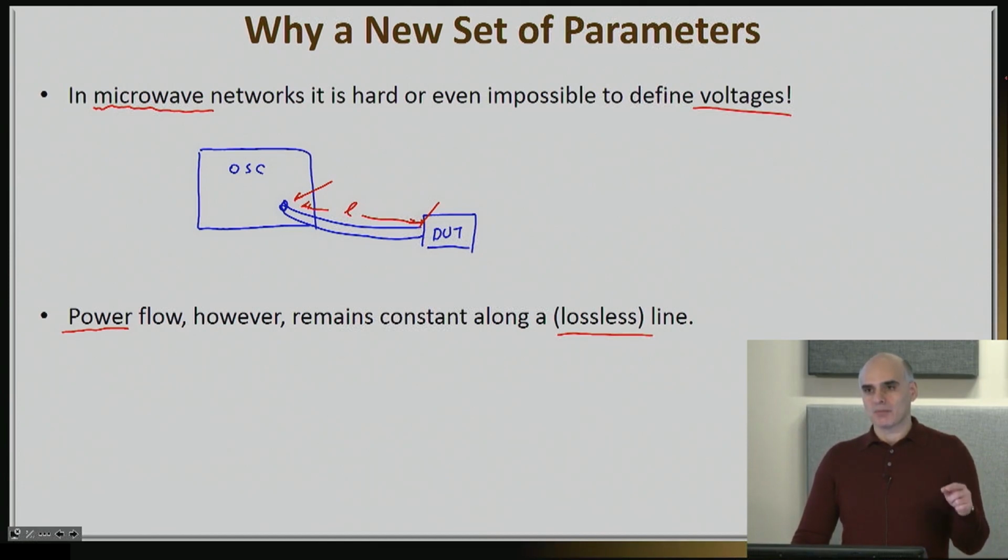So it's really this power that will help us define meaningful parameters that we can measure and calculate. And measurements are also very critical. Don't simply assume that measuring voltages is easy, but measuring power is a lot easier.